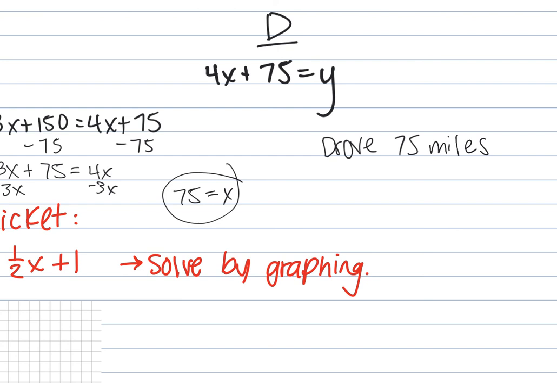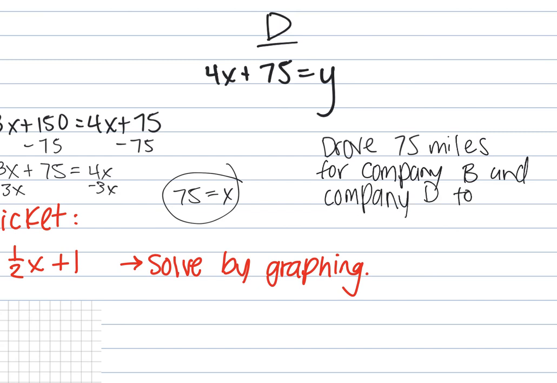Sienna? I was gonna ask the exact thing. Yes, that's fine. Gabby? It's asking how many miles until they're at the same amount. Very good. So we drove 75 miles for Company B and Company D to be the same price. But Diego, very good to recognize that it was miles, okay?